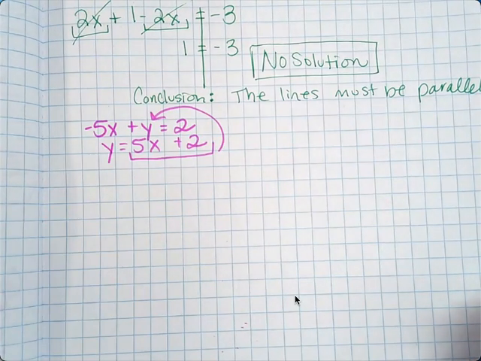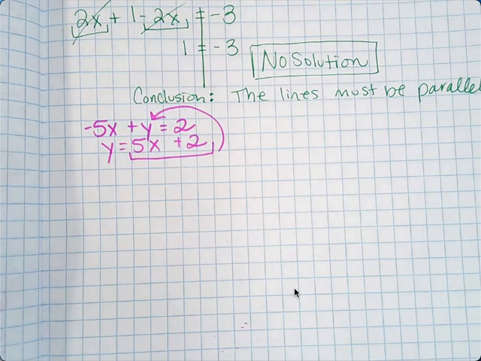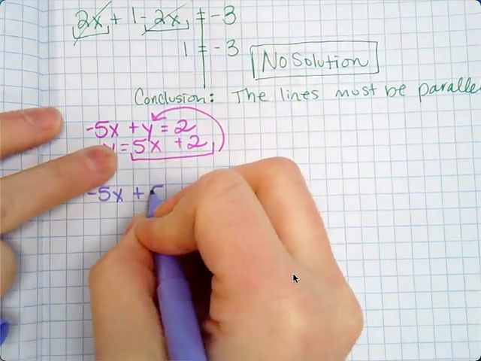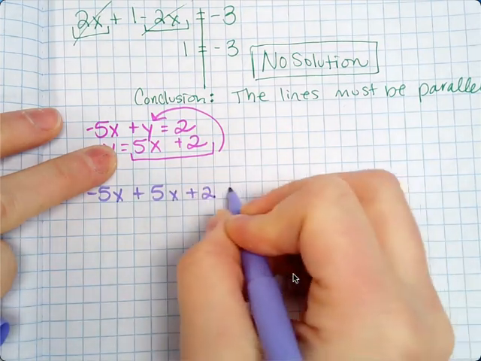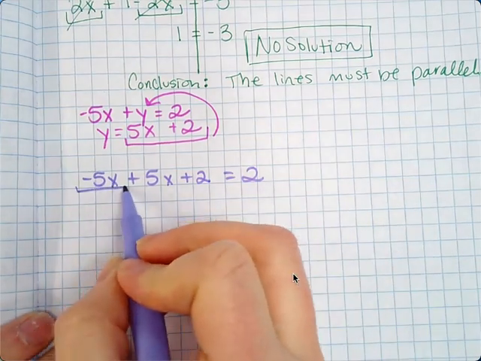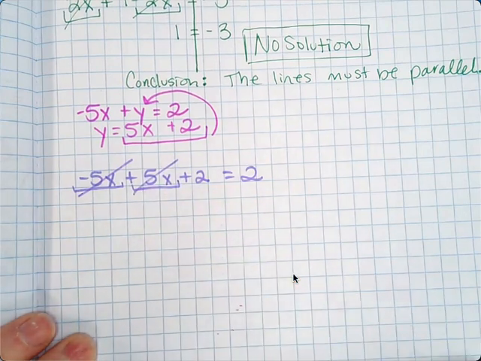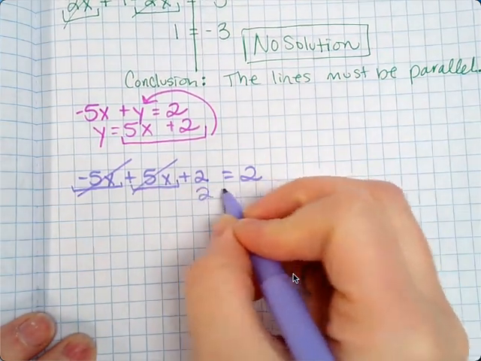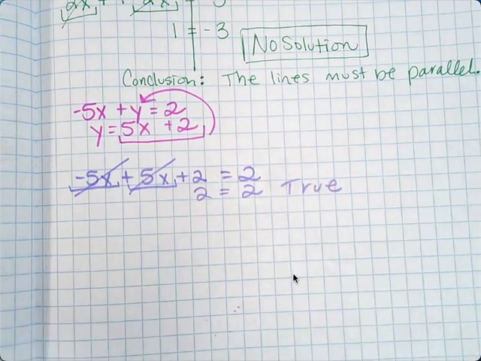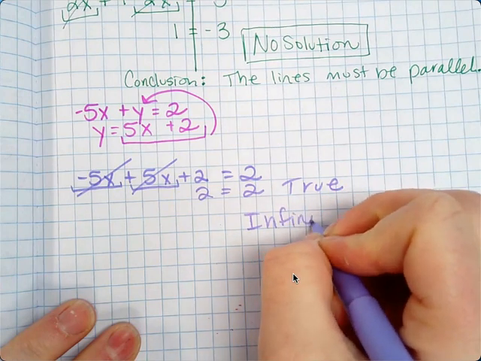Yep. So this would be negative 5x plus 5x plus 2, because that's your y, equals 2. We have a 5x plus a negative 5x. That equals 0. So all we're left with is 2 equals 2. That is a true statement. So what does that mean? It means infinitely many solutions.